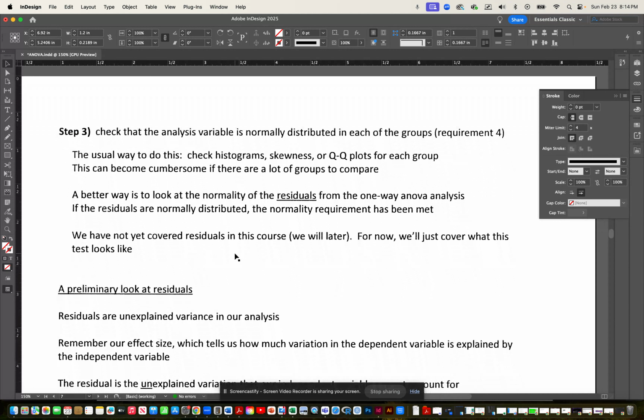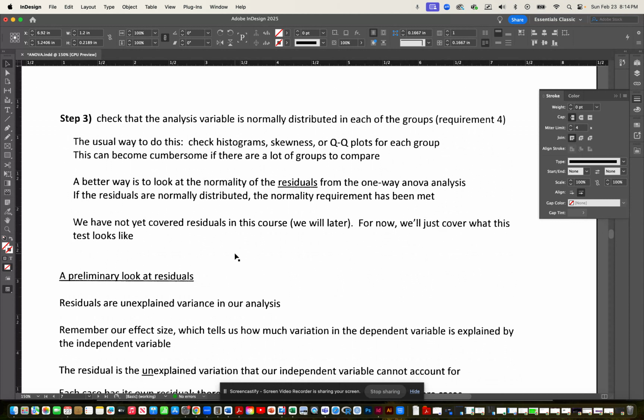So first, a little explanation about residuals. So residuals are the unexplained variance in our analysis. So recall that when we talk about the effect size, we say that this is how much variation in the dependent variable is explained by the independent variable. So in our example, we're saying that the effect size would be how much the format affects the cells.